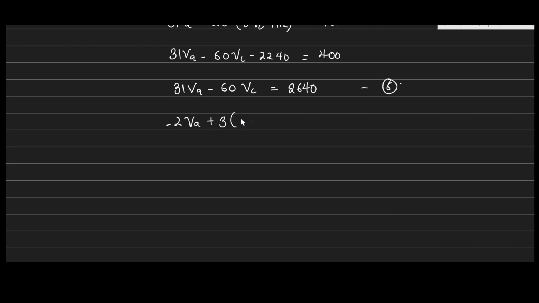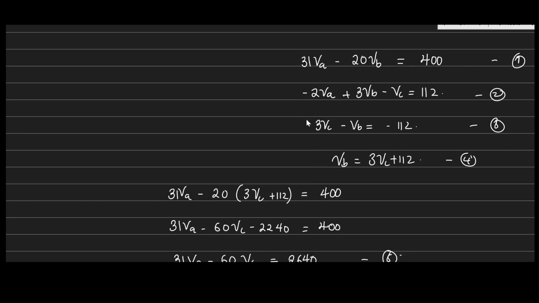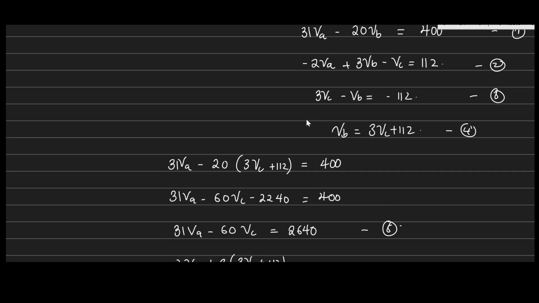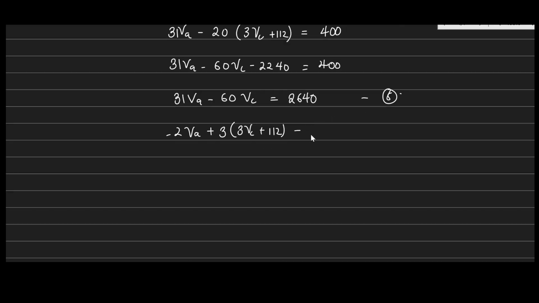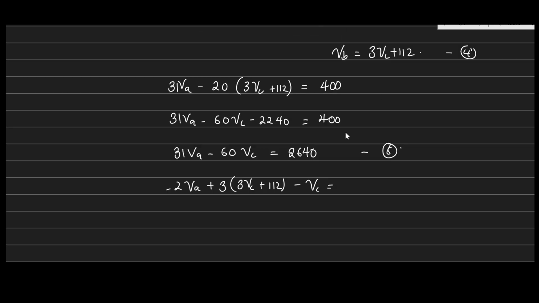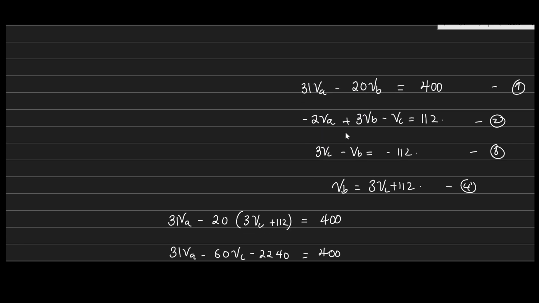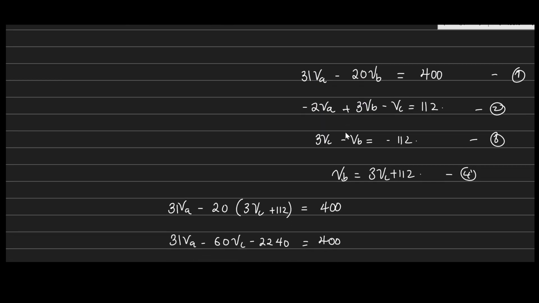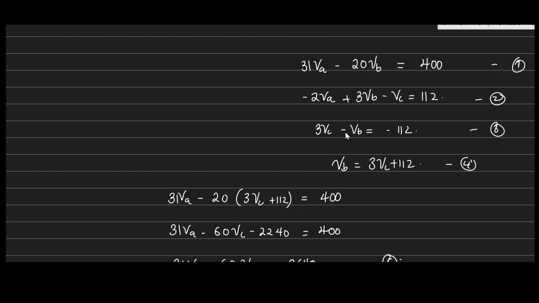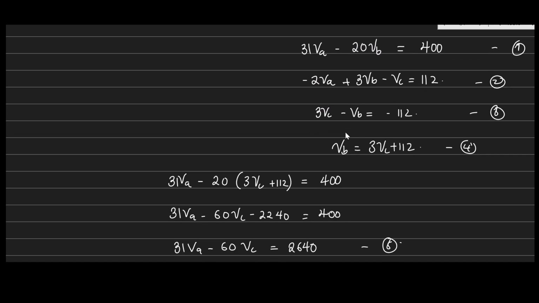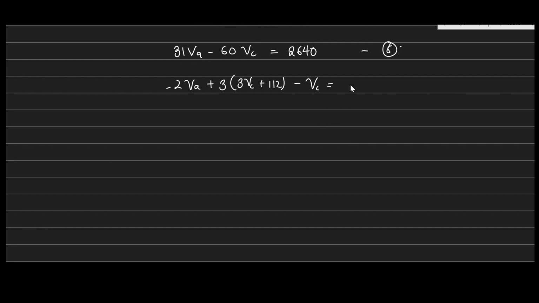Our VB is simply 3VC plus 112, and then minus VC equal to 112, right? Yes, 112. So let us simplify.